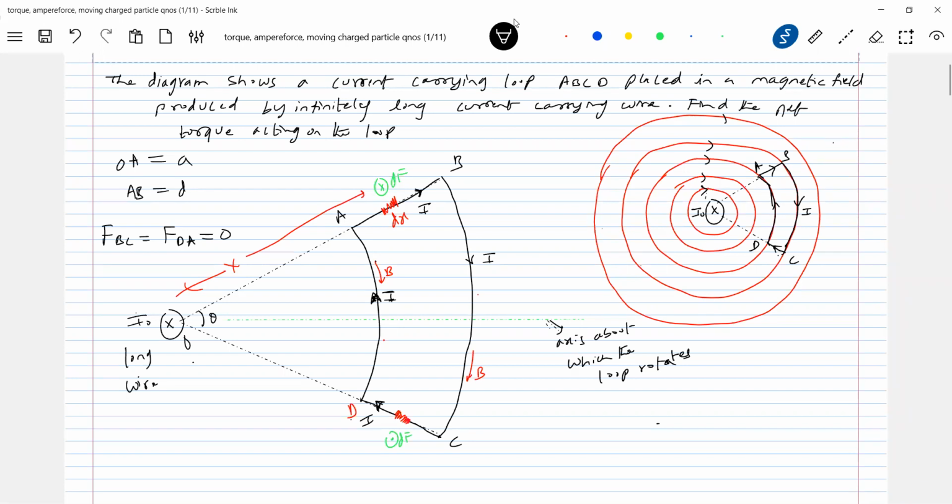So find that out. So for that, this is x, no? Let me take this as y. This distance, let this be dx.